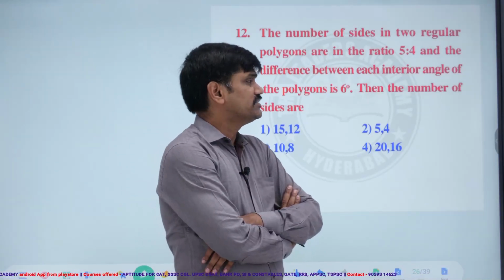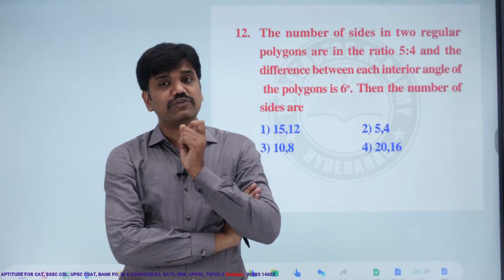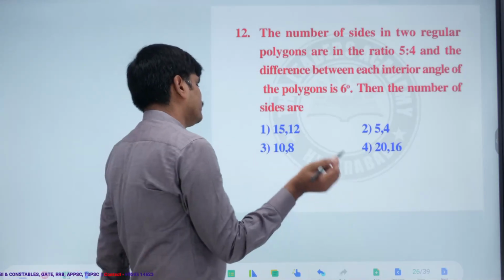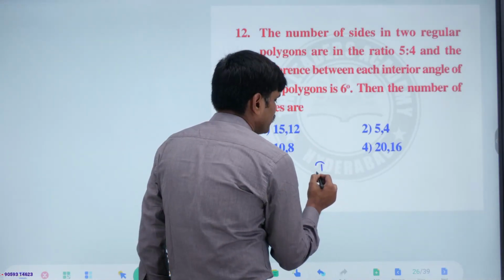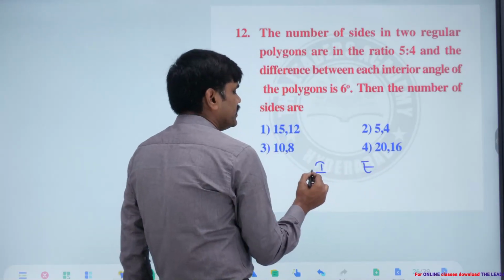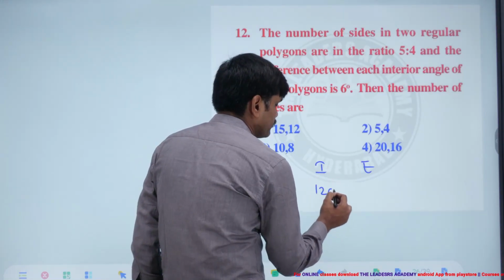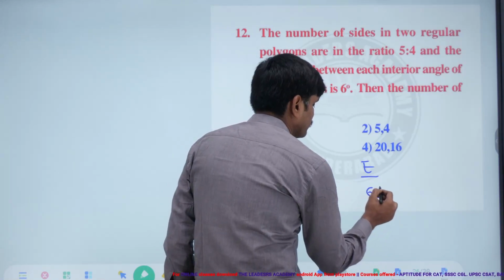Please remember, if you know the difference between each interior angle, the difference between each exterior angle will also be the same. Check: interior angle, if at all it is, suppose, 120, the exterior angle will be how much? 60.